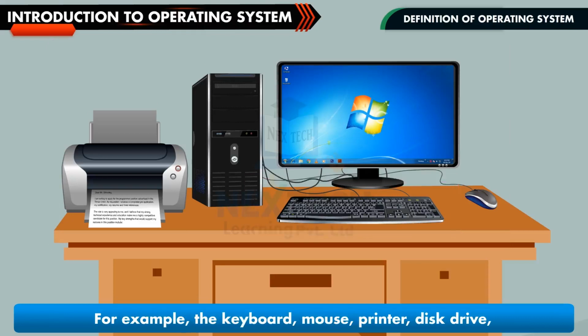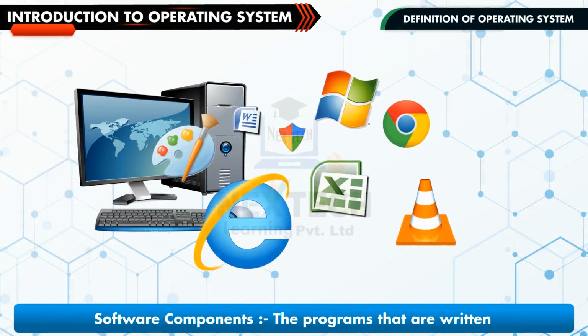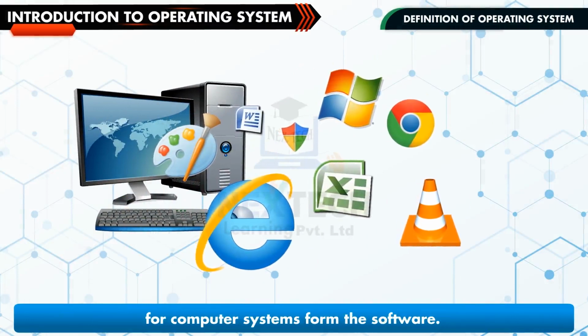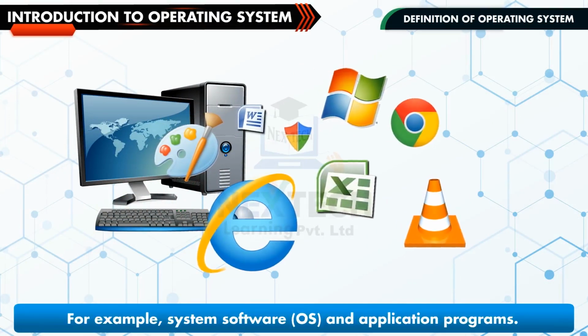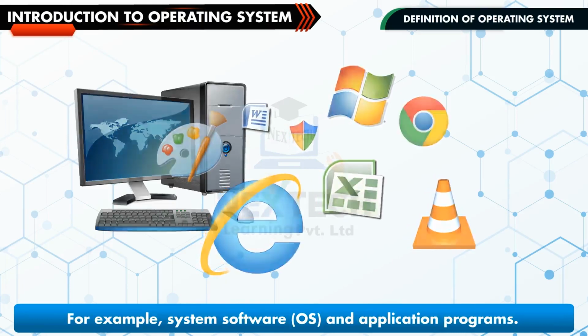For example, the keyboard, mouse, printer, disk drive, monitor, and central processing unit (CPU). Software components. The programs that are written for computer systems form the software. For example, system software (OS) and application programs.